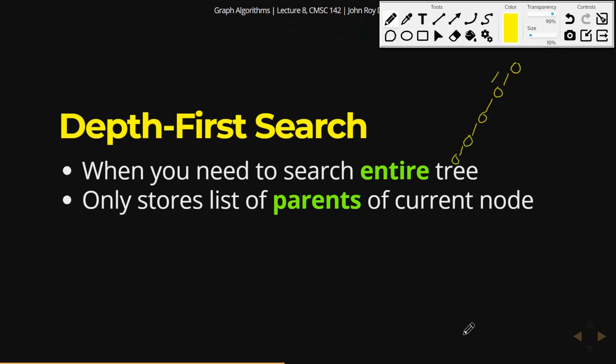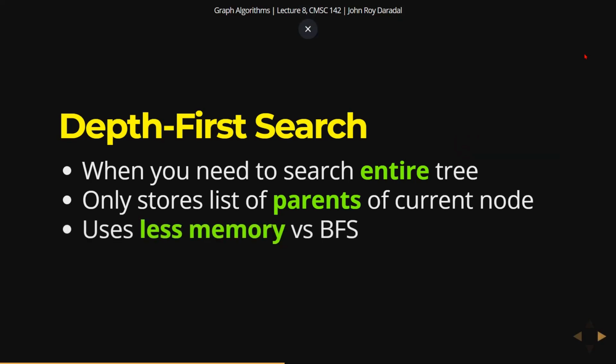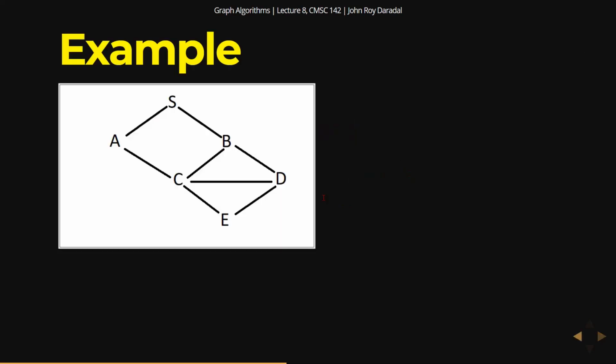So only a few items, whereas in BFS it saves all the previous layers' nodes. If it's something like this, you will save more items when you're doing BFS the deeper you go. So DFS actually uses less memory than BFS, because you're only storing parents of the current node. That is one of its advantages.